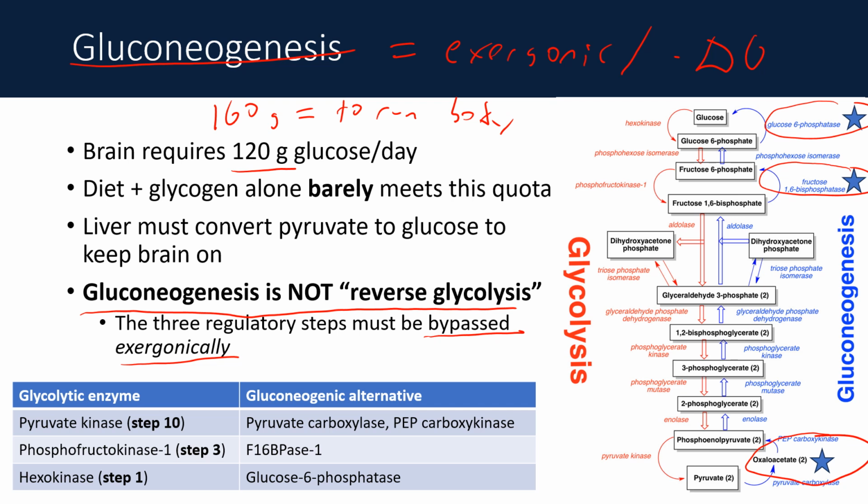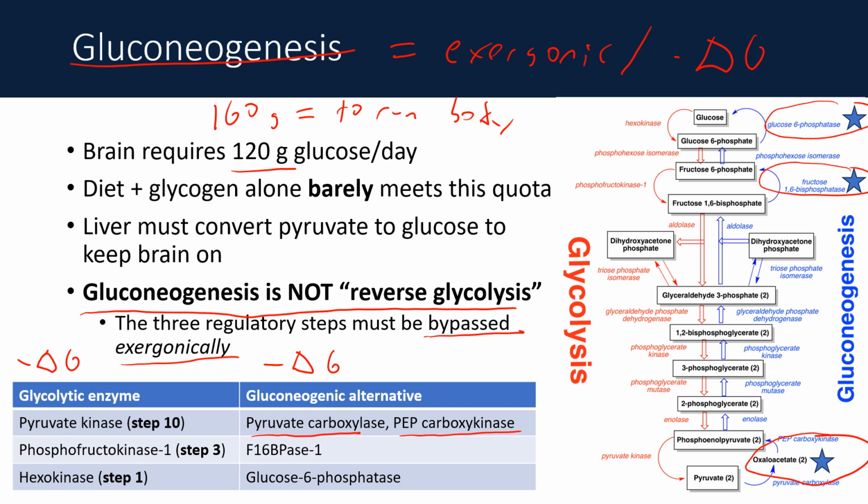Well, the gatekeepers, the regulatory steps of glycolysis, indeed all have very negative delta Gs. That's why overall it's so spontaneous. But the gluconeogenic alternatives of these processes also have very negative delta Gs. And the enzymes that replace these glycolytic gatekeepers are pyruvate carboxylase and PEP carboxykinase.